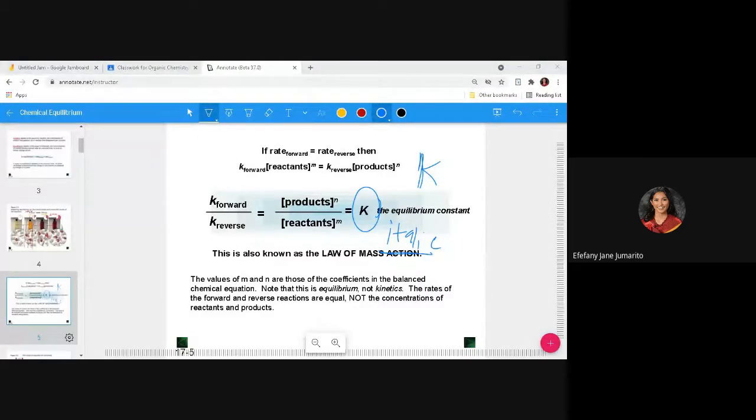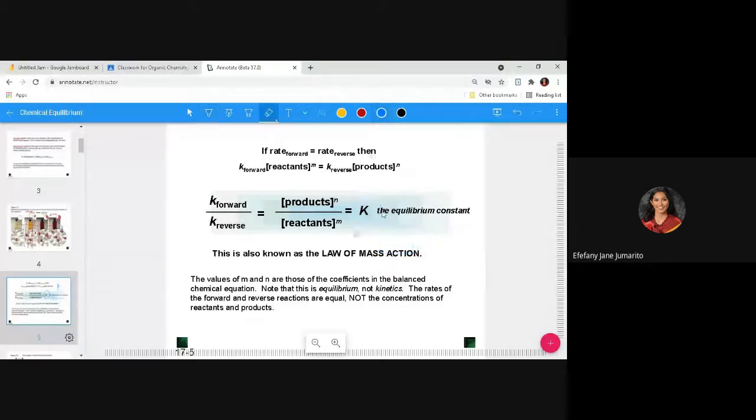So class, our equilibrium constant K here is our way to quantify the concentration of our product and our reactant at equilibrium. Always be careful with the words at equilibrium.